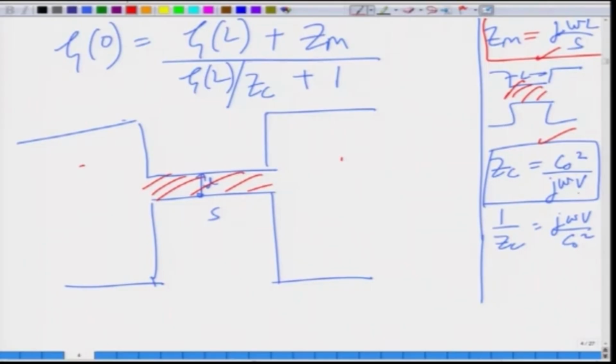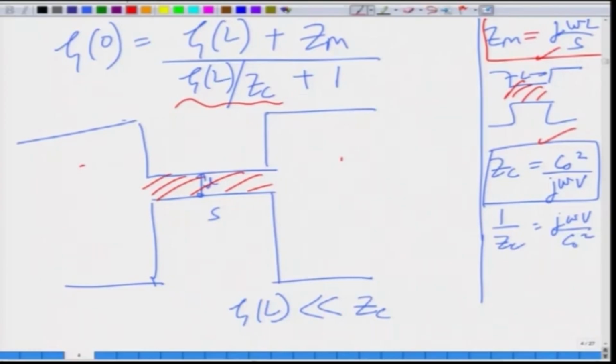So for such a situation, Zm will be whatever we get, j omega L by S, but Zc will be much greater than Zl. In other words, zeta L is something much smaller than the compliance of the tube, so one can safely ignore that term.